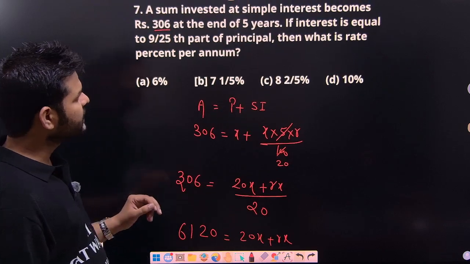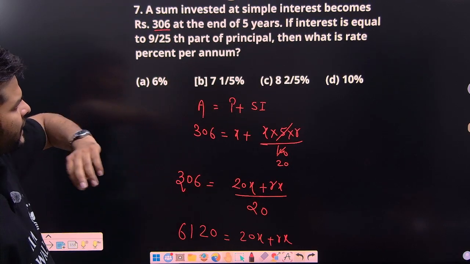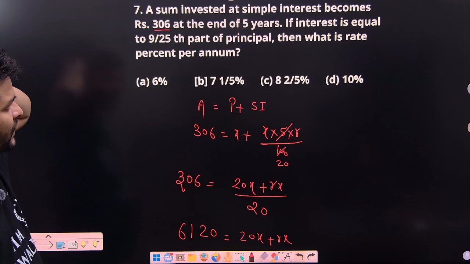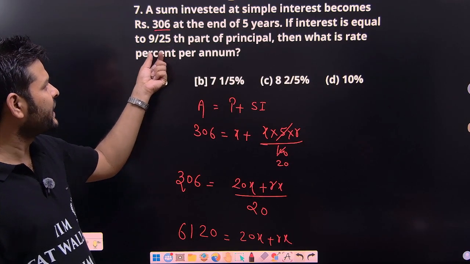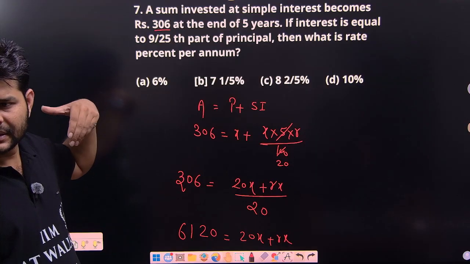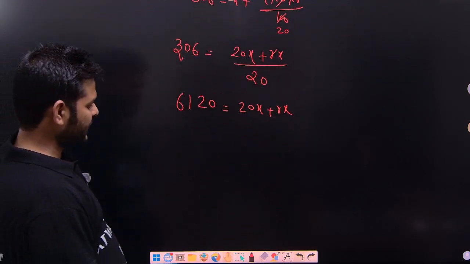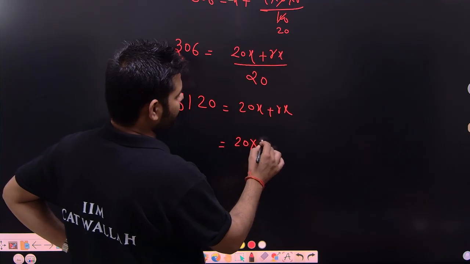Now the question says the interest is equal to 9/25 part of the principal. So basically, if the principal is 25, then 9 is the interest. So what would be the rate of interest? Principal is 25.